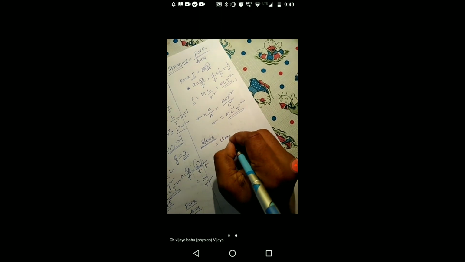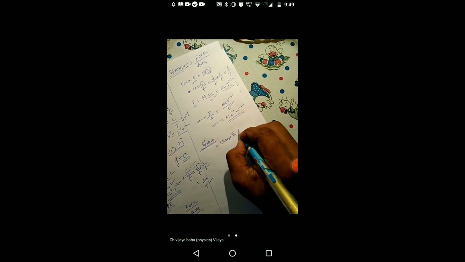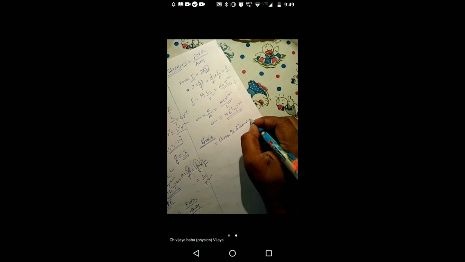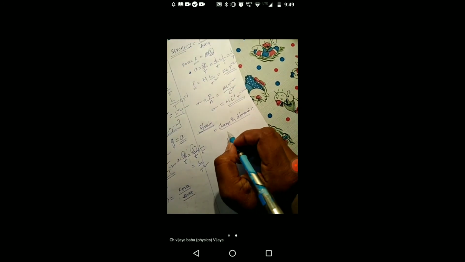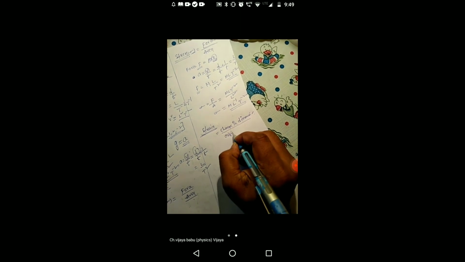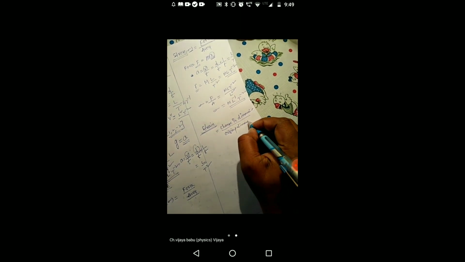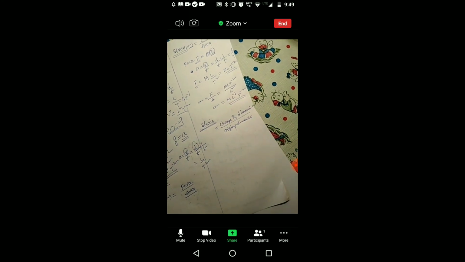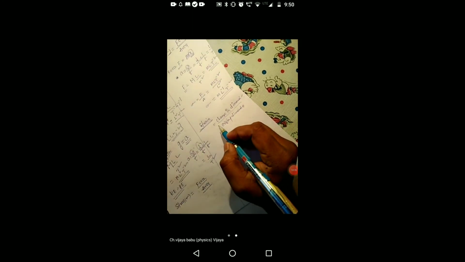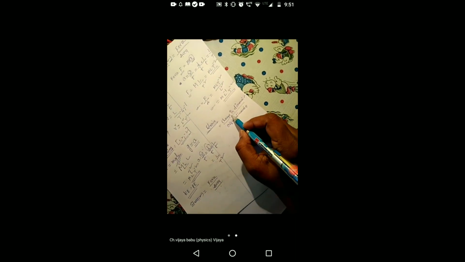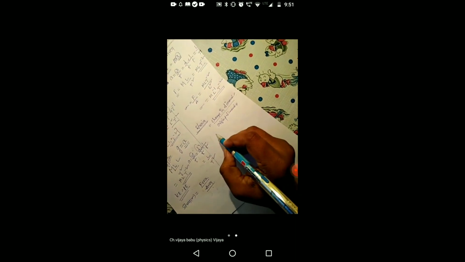Next, strain. Strain equal to change in dimension by original dimension. Strain is nothing but change in dimension by original dimension.